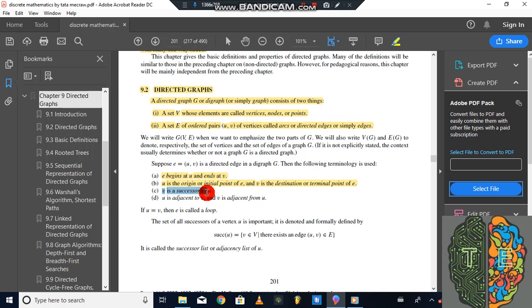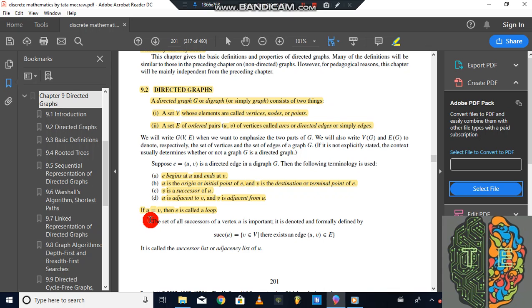V is a successor of U. What is the meaning of successor? The next one. U is adjacent to V and V is adjacent from U. What is the meaning of adjacent? It is joined. And if U equals V, then e is called a self loop. So just remember these things.